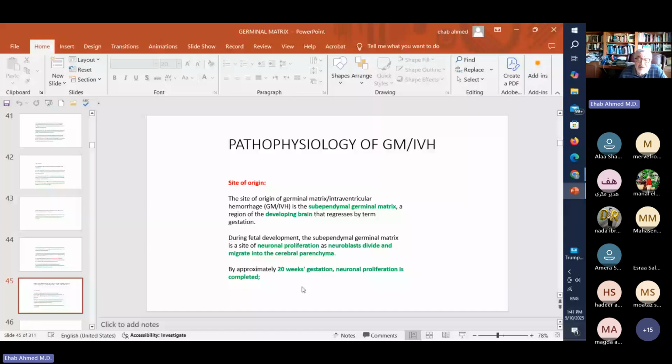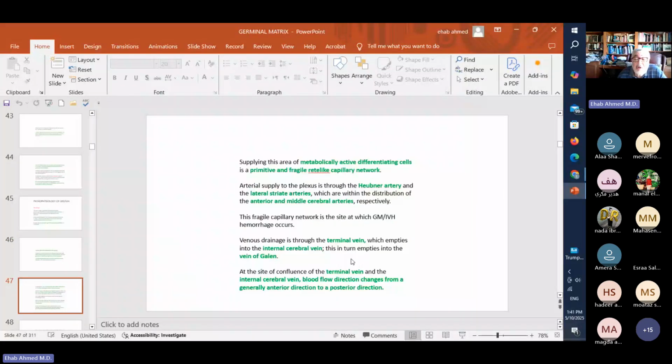It is very fragile, metabolically very active, and has important functions for the brain: neuronal formation, neuronal migration, and glial cell precursor migration. So damage to this area is extremely important. Even grade 1 GM-IVH, localized in the germinal matrix, has its sequelae, and it is not a benign condition.